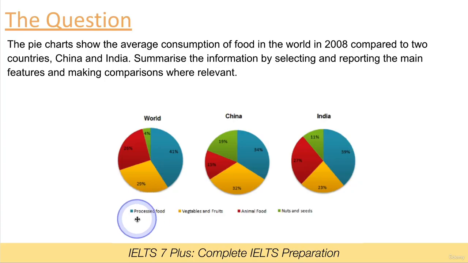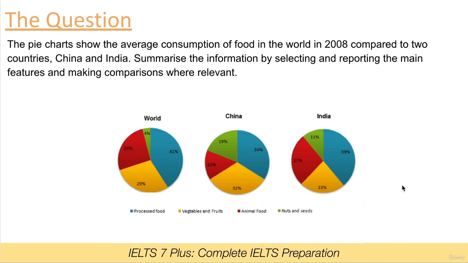So the blue is processed food, and this is how it's divided up. Okay. This yellow colour, vegetables and fruits, and how it's divided up. Red, animal food. And then green, nuts and seeds. Right, okay, so anything striking, anything that's jumping out to us initially.